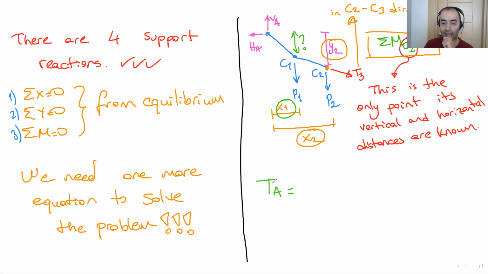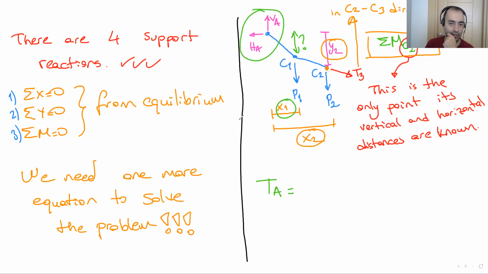T represents the support reaction at point A. When we resolve this TA, we are going to get HA and VA, these two. That's okay, but I don't need that. I need the total support reaction and its direction. If we combine this HA and VA, we can get the TA.